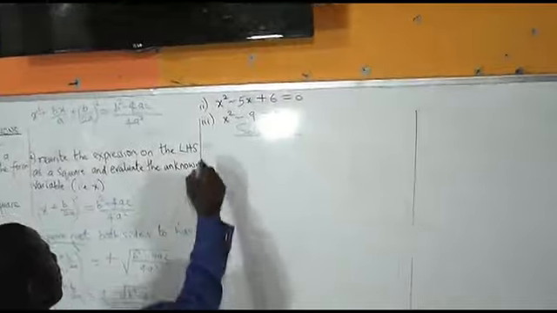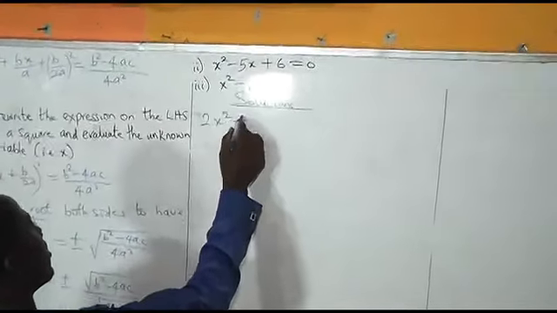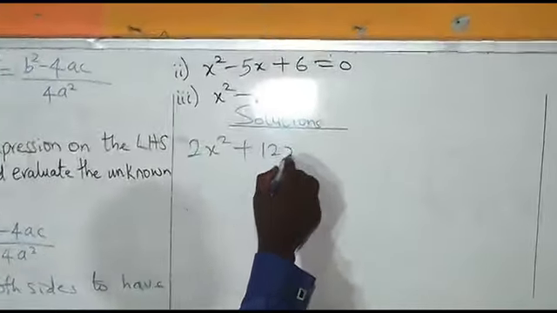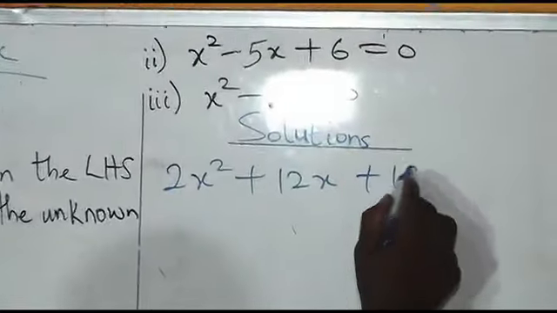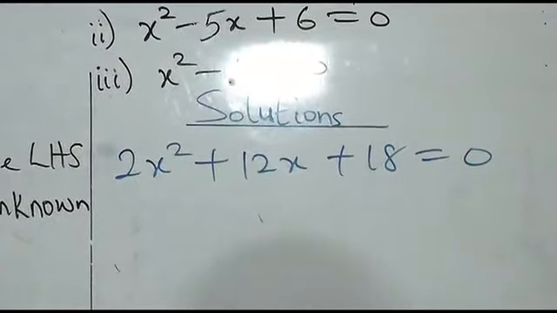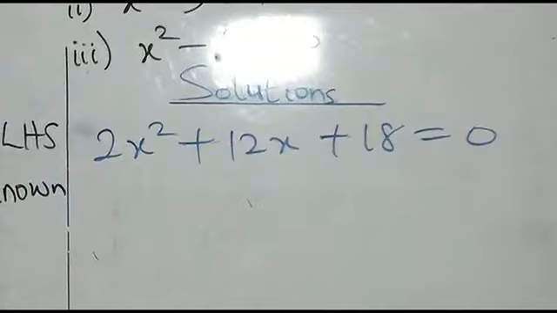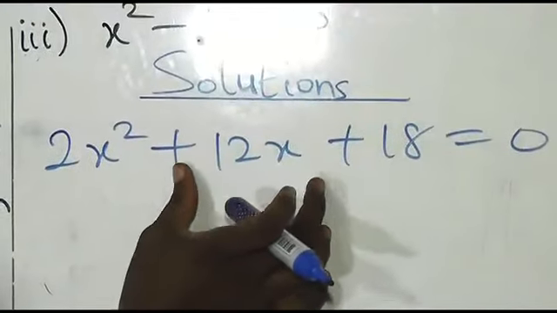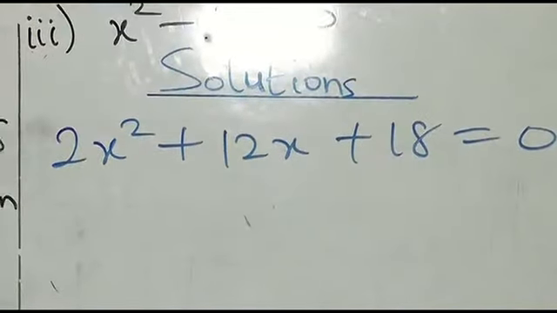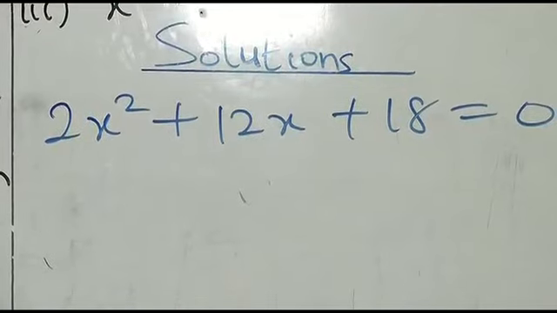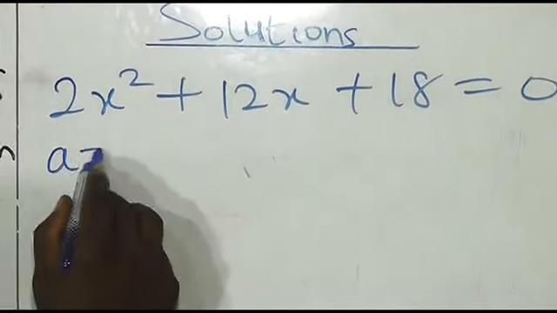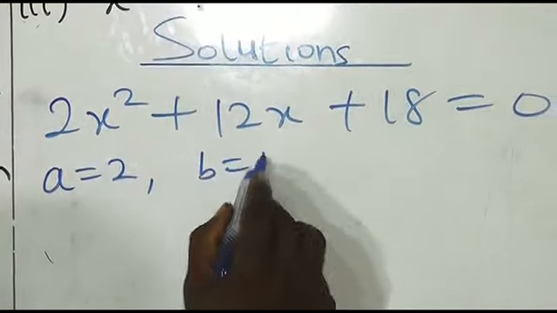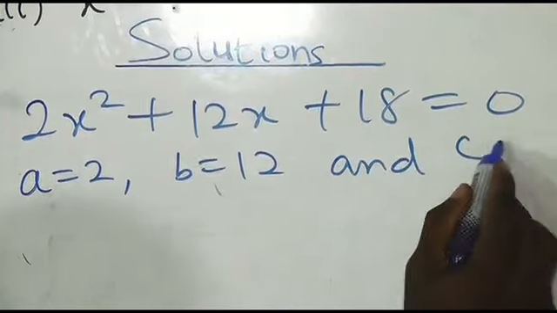Solution. The first one, we have 2x squared plus 12x plus 18 equals 0. Now when you compare the given problem with the general form of the quadratic equation, you discover that your a is 2, b is 12, and c is 18.